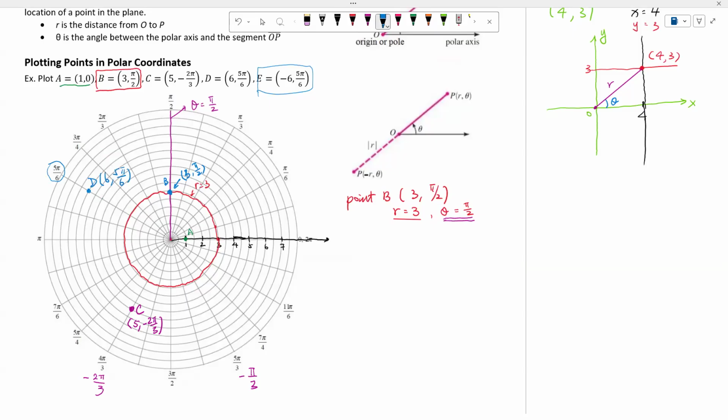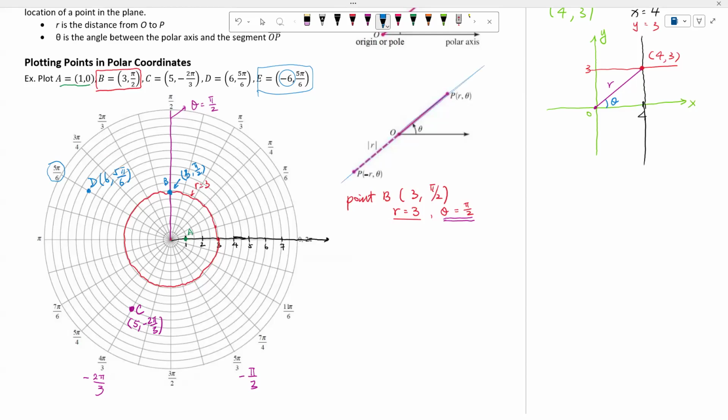Okay, now let's see how we actually work with a negative R. When we talk about a negative R, first we locate the angle theta.